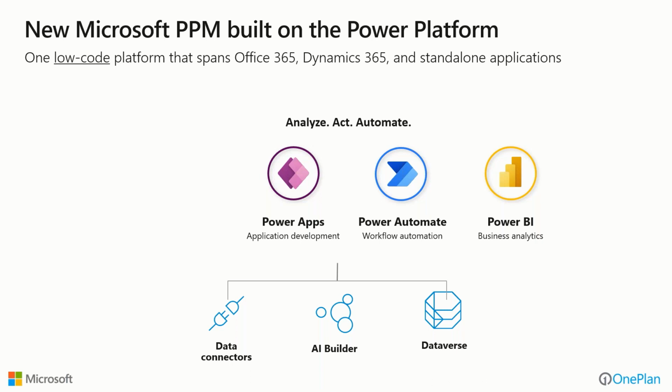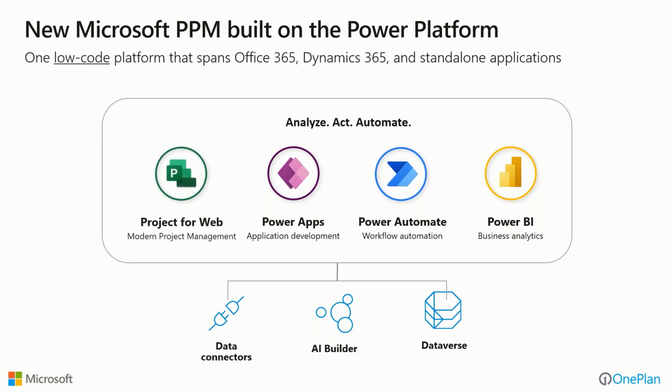The strength of this is a common data repository called Dataverse that allows us to have all of our information in one place and not distributed in silos of information, so that we can use it for visibility, reporting, and other access purposes that we might want. The strength here is this new Project for the Web. Not only is it a more modern project management tool, but it is built on this Power Platform and using Dataverse as its data repository.